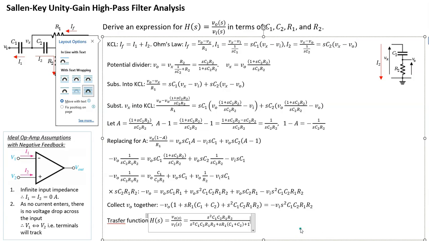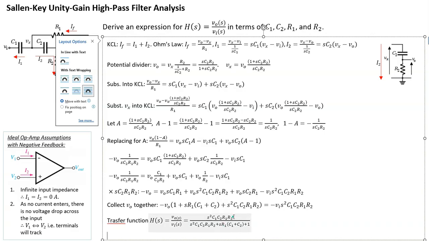So normally we don't leave it in this form. We usually would like to have the s squared term by itself. So what we can do next is divide this equation by the product of all the passive components. Let's do that as a final line.